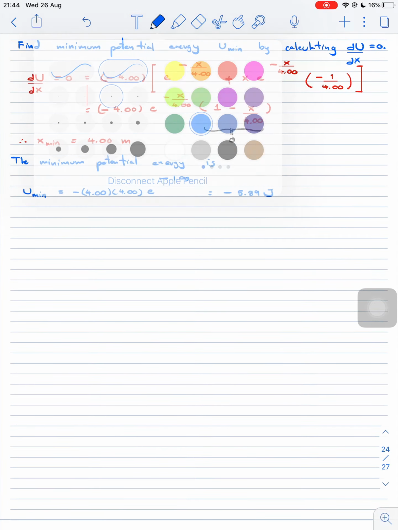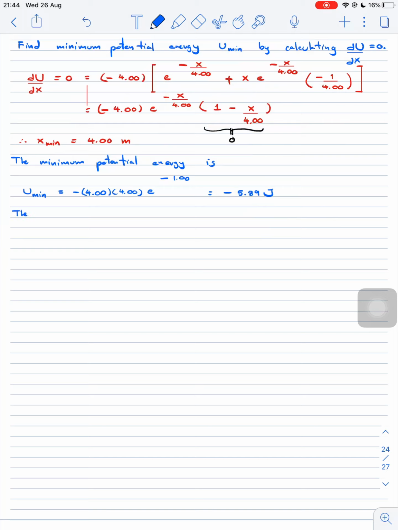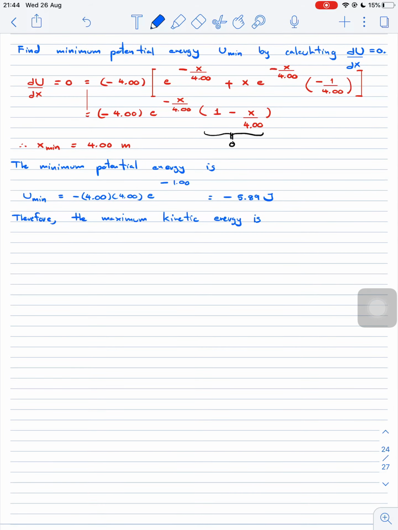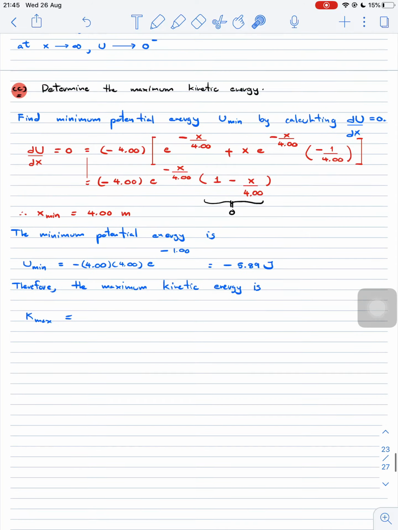Therefore, the maximum kinetic energy is, from the equation, K max.